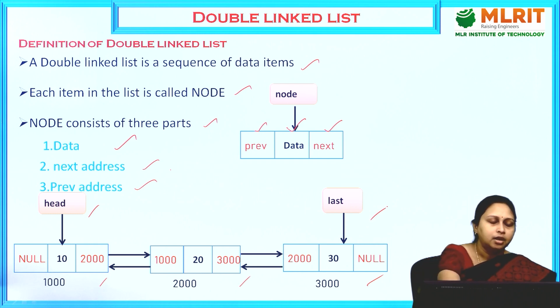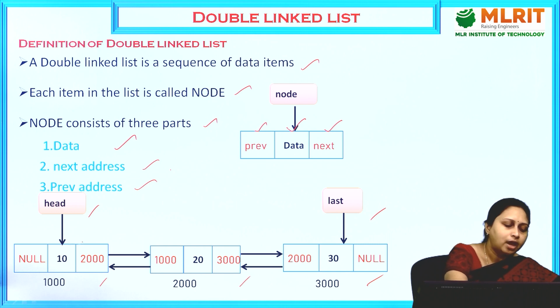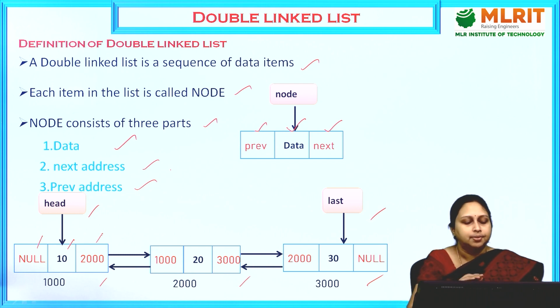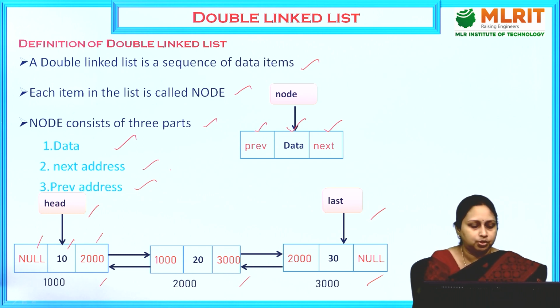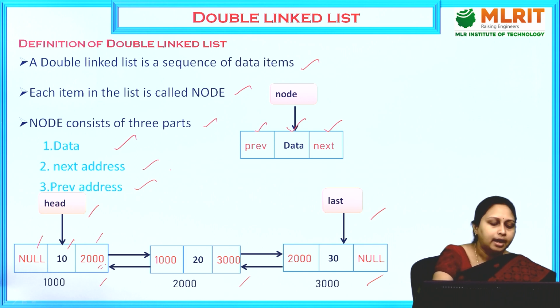Now, each node has three parts: the data part representing the data element 10, the previous address is null, and the next address stores the address of the next node, that is, 2000 has been stored. And the address of this one is 1000. In a similar way, we store the next node addresses.